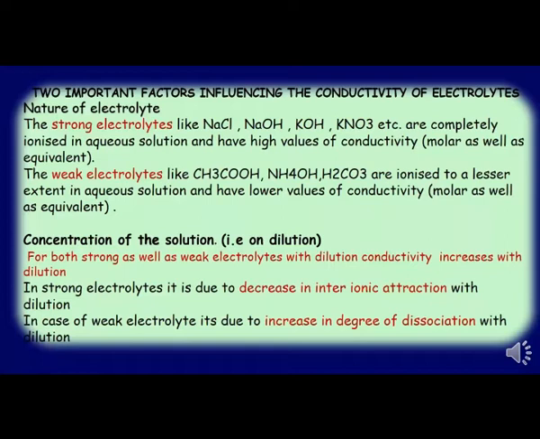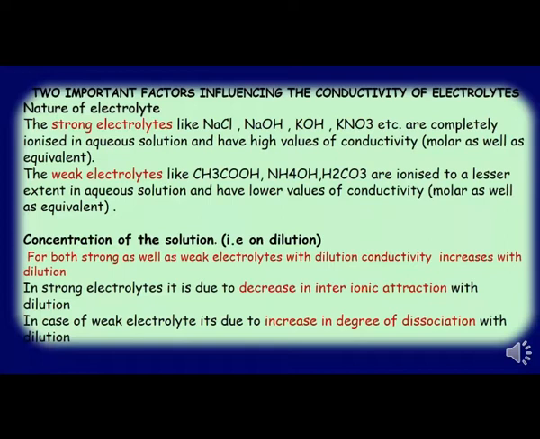Greater dissociation or ionization takes place. Actually, degree of dissociation is the amount of substance dissociated divided by the total amount of substance. That is known as degree of dissociation. The fraction of the amount of substance that has dissociated.